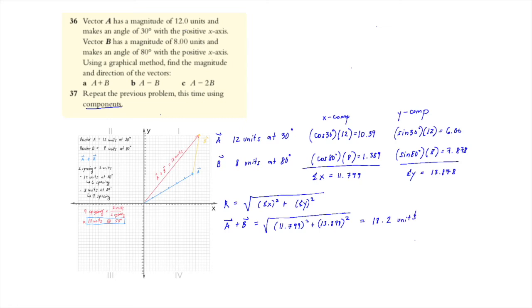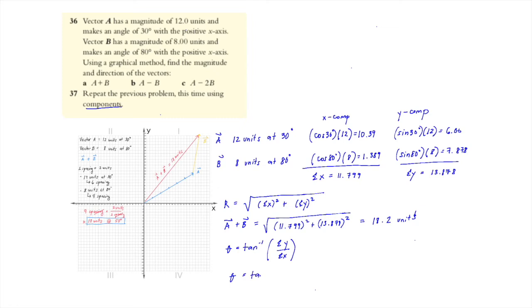And let's try to double check. This one is 18 units, and so this one is 18.2 units. And next, how about the angle? So remember that that would be arctan of summation of y over summation of x.